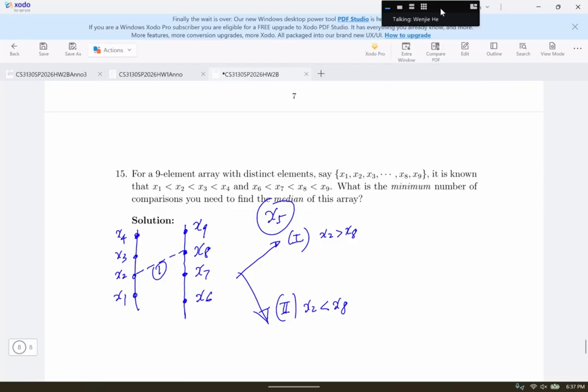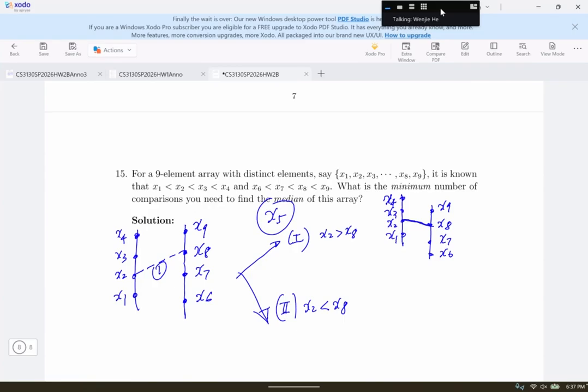Greater than, the diagram is like this. X2 higher than X8. Then we do elimination.